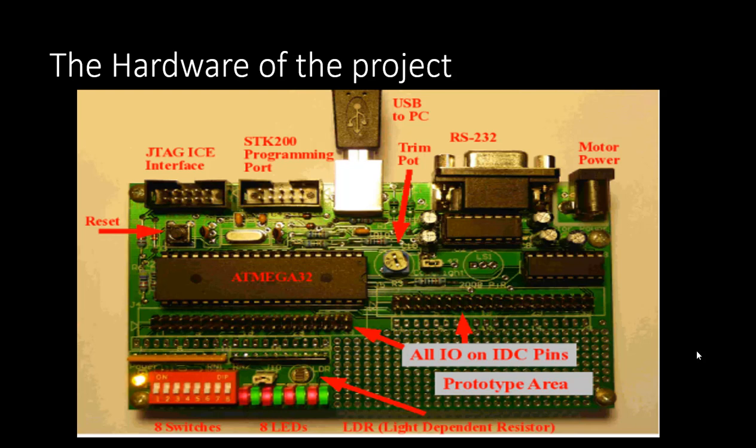So as you can see on the hardware, if you look down the bottom left, there are 8 LEDs, and that's where the traffic lights are going to be showcasing. And then we have the trim pot, the JTAG interface and switches, and the motor power. But that's not really applicable to this project.